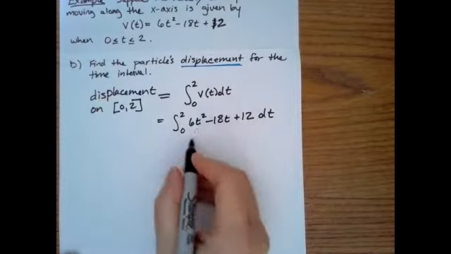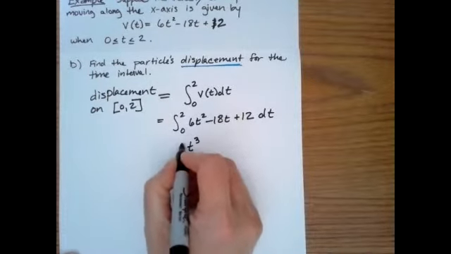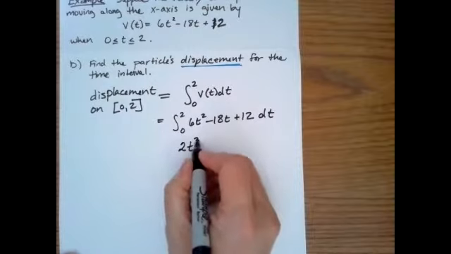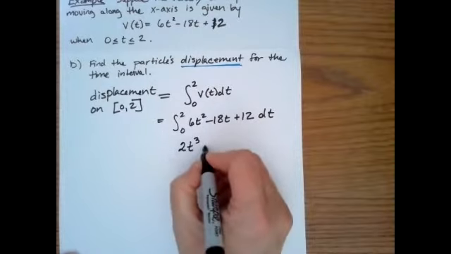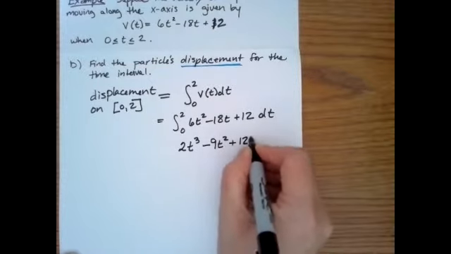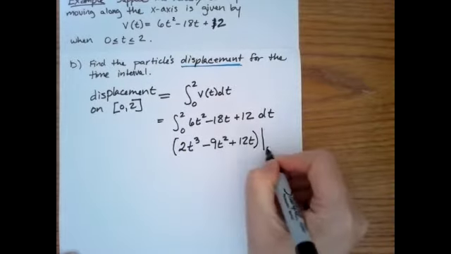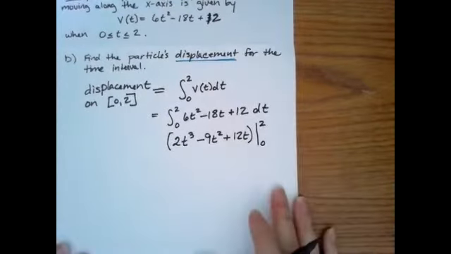All right, so we're going to just go for our antiderivative. This is going to be 2t cubed. Double check that's 6t squared in the derivative, okay? Then negative 9t squared plus 12t. And all of this is going to be evaluated at 0 and 2.